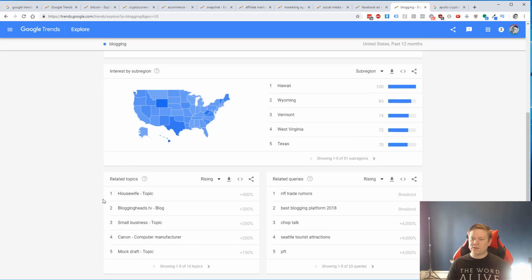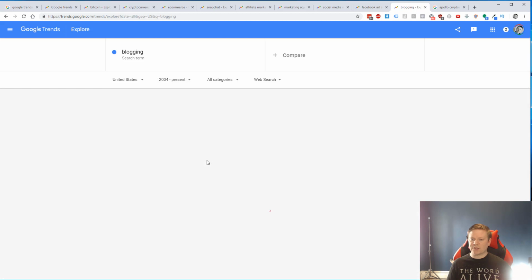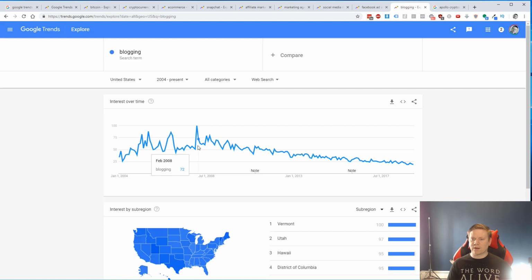The other thing you could do is figure out some of these related topics to branch out, seeing what areas are popular. You can also look at a much bigger trend from 2004 and beyond, and see how things have gone. This whole blogging thing was really popular in 2007, 2008, and now it has dwindled down over time.